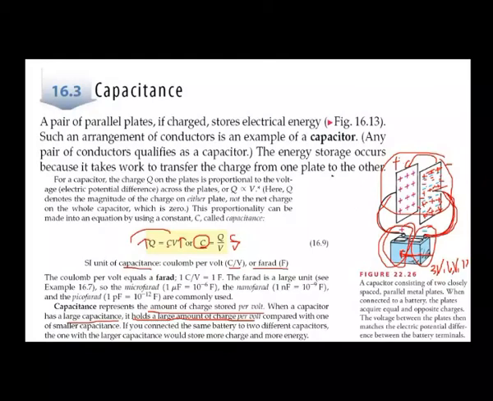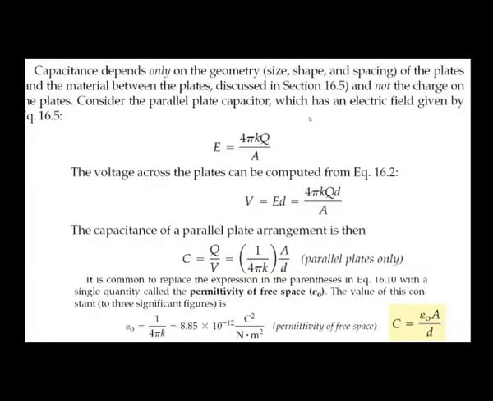If you have very wide capacitor plates, then it could hold more, so its capacitance increases. Do you follow? So capacitance depends on the size or the shape of our plates and the spacing.